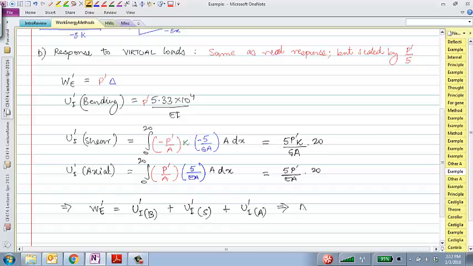We get that delta C is equal to, simply cancelling off P prime from all these expressions, we get 5.33 10 to the 4 over EI, that was the bending contribution, plus 100 kappa over GA, that's the shear contribution, plus 100 over EA, that's the axial contribution.